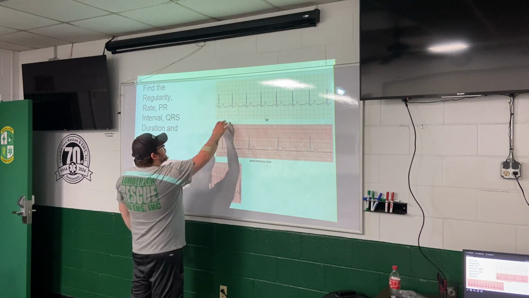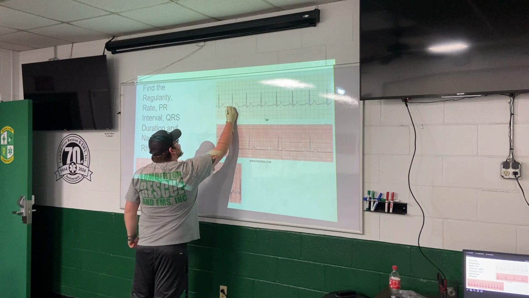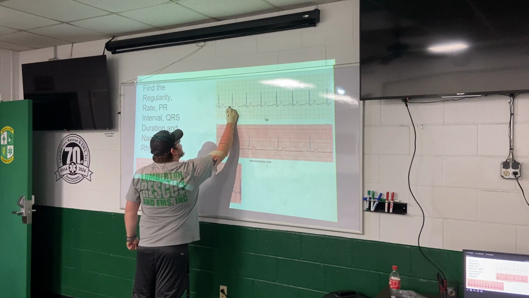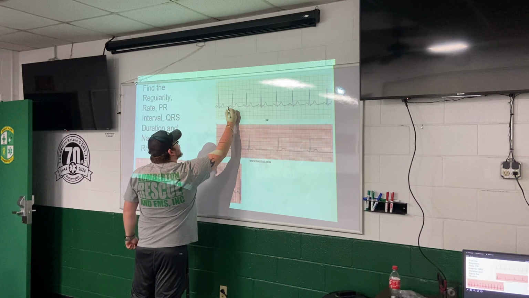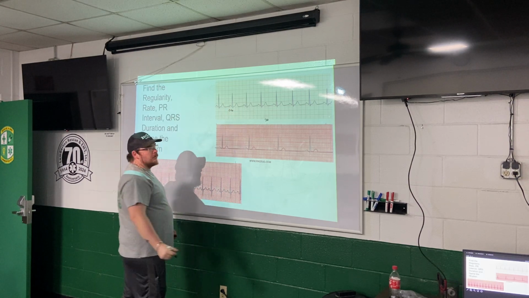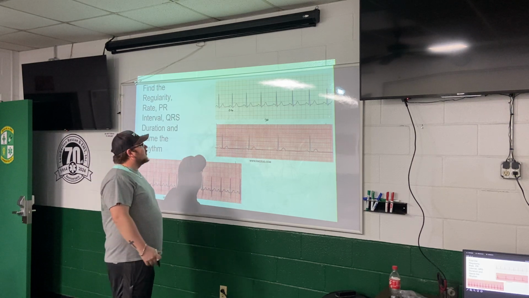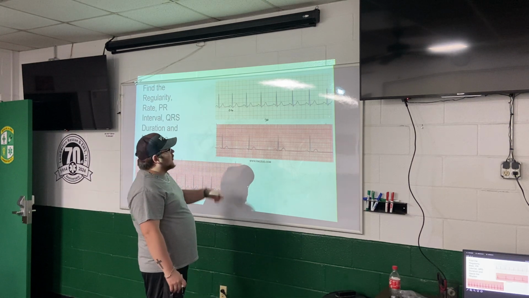Your PR interval from the start of your P wave, which is right here, we got 1, 2, 3, 4. So 0.16. So the PR interval is below 0.20, which means that it is a sinus rhythm. So the next thing we're going to do, count our lines.